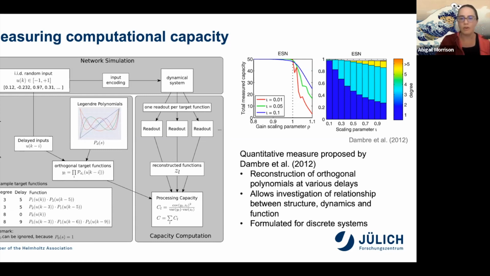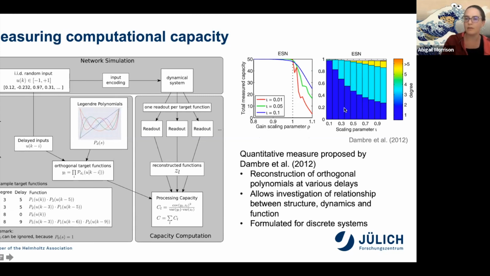So over on the right, we can see from Dambre's paper how the total measured capacity, for example, decays as the gain scaling parameter increases. So this is the strength of the recurrent weights inside the echo state network.